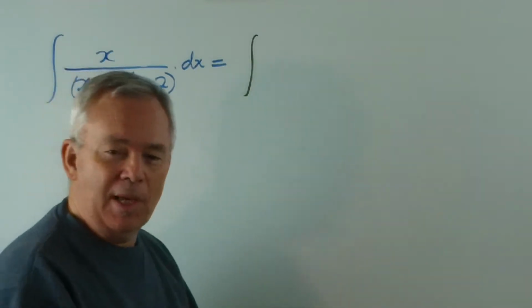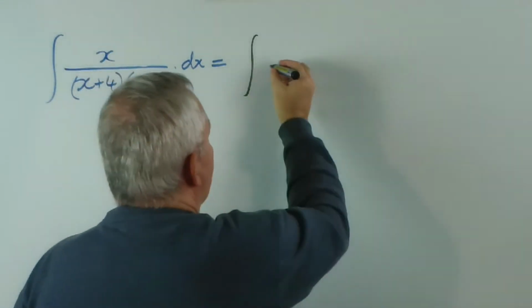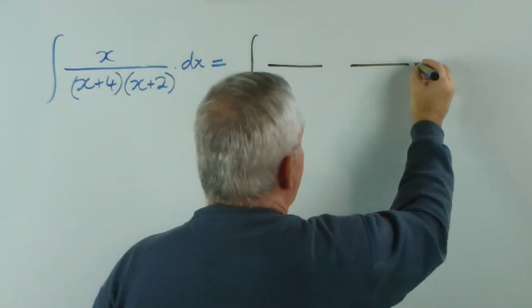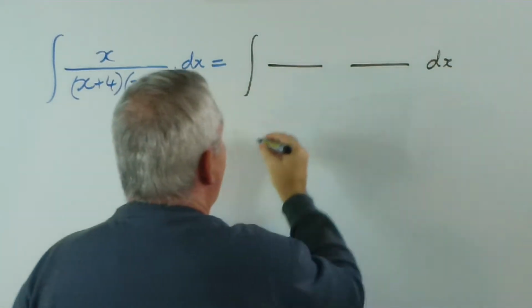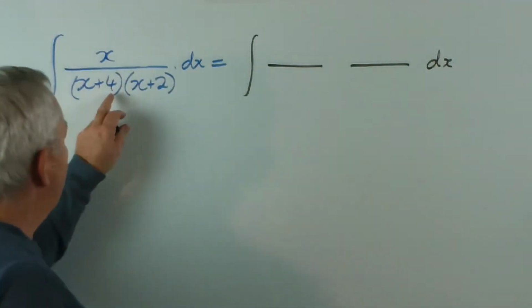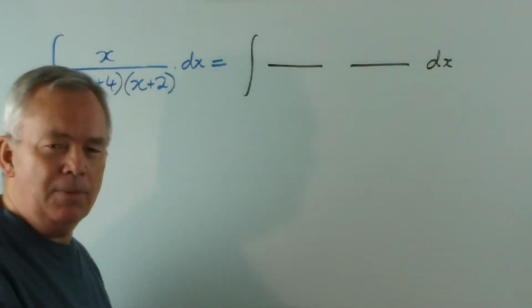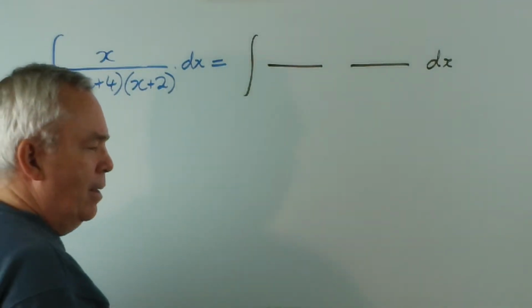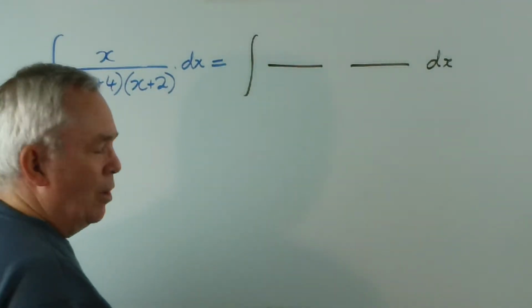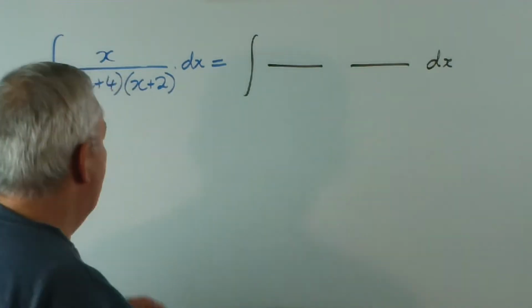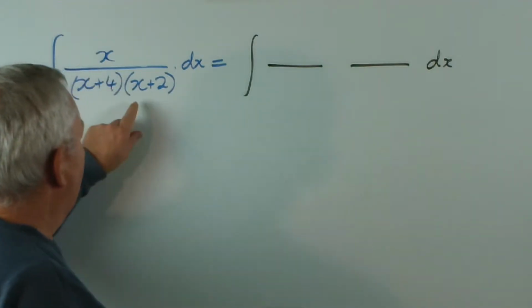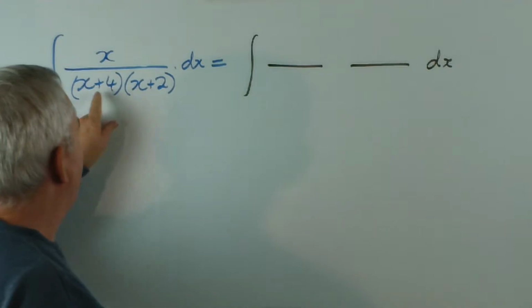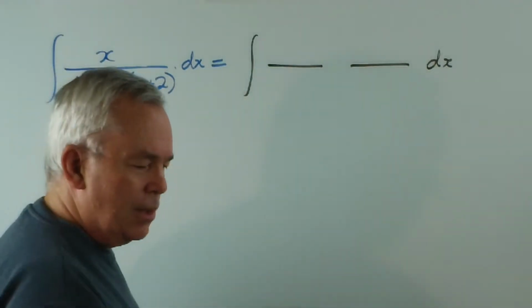I'm going to try and speed that process up a little because I do notice one or two nice features about this. First of all, I notice that 4 is exactly twice 2, and that means that one of my numerators is probably going to be 2, or at least it'll be twice the other numerator. And also, if I have two x's and one x, that's a good way of getting x.